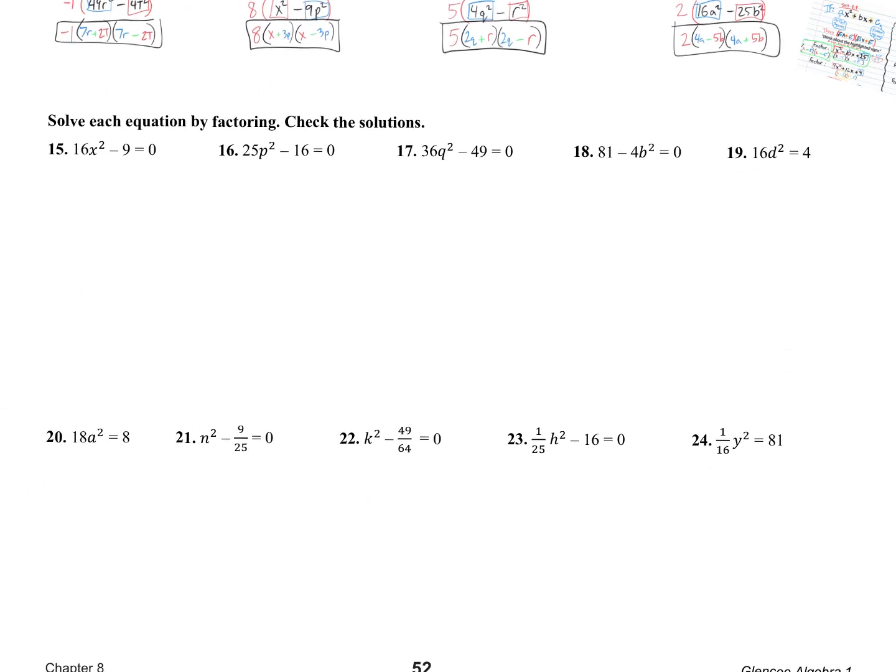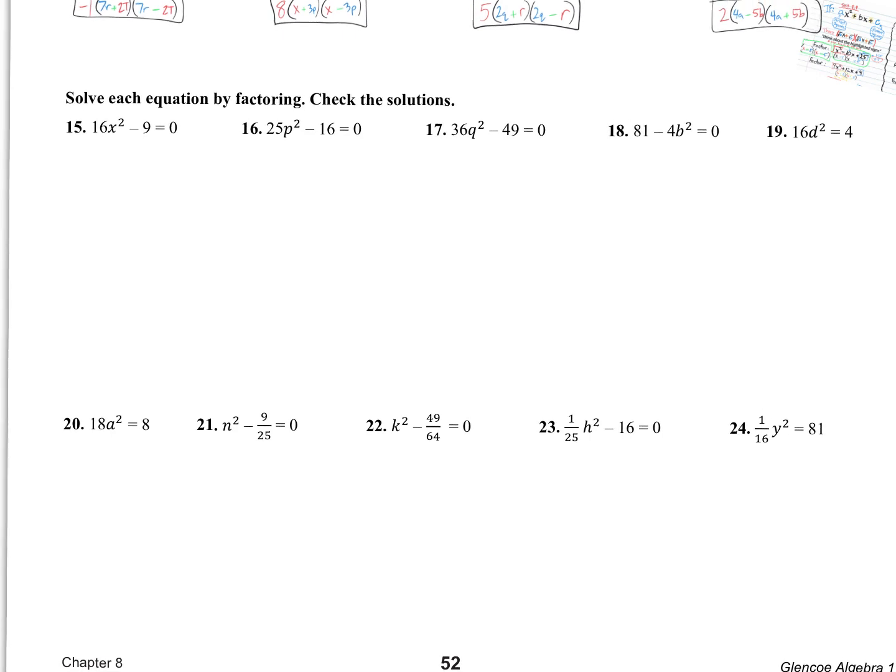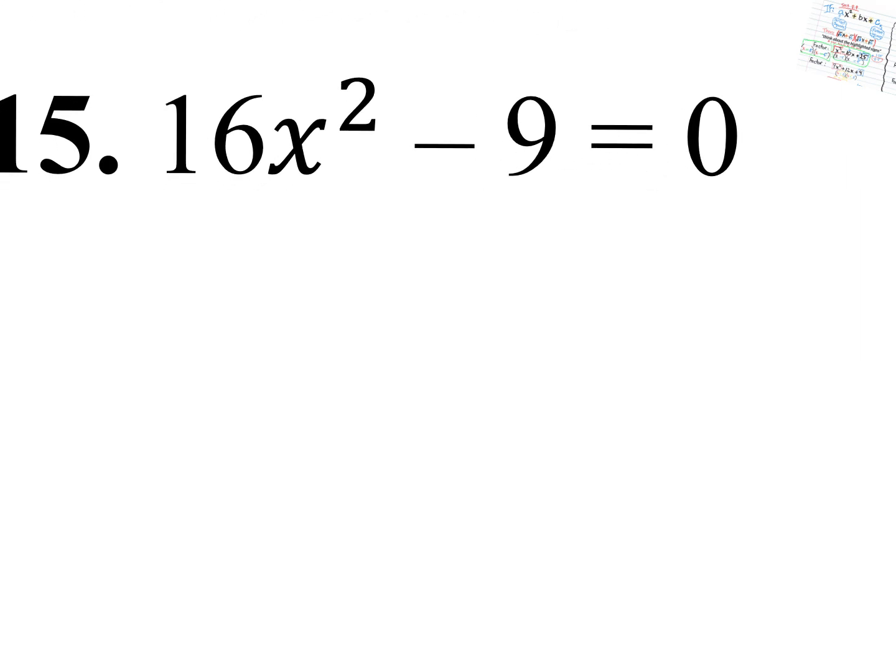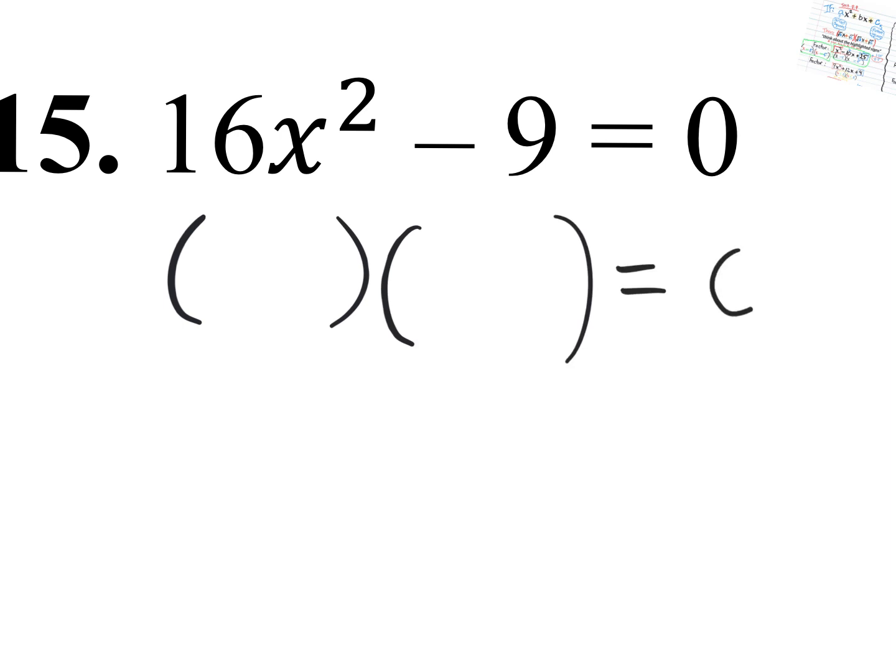So what we need to remember on this second half of Unit 8 is that we love to have equations equal to 0. And why is that? Because we may be able to apply zero product property. And what is zero product property? It's if I have something times something and it equals 0, then that first something could equal 0, and the second something could also equal 0.